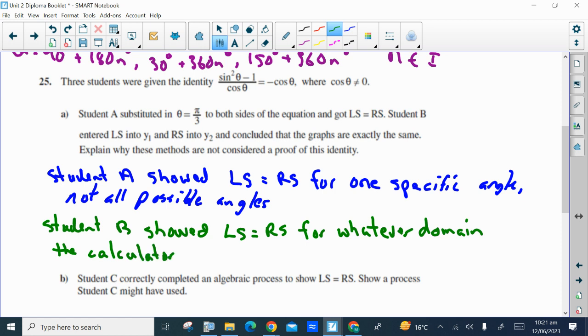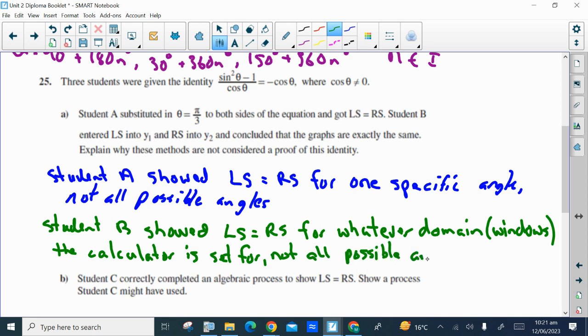And when we say domain, we're talking about those windows, the X min and X max. That's what we're talking about. Once again, not all possible angles. Only for certain angles, whatever windows are being used.